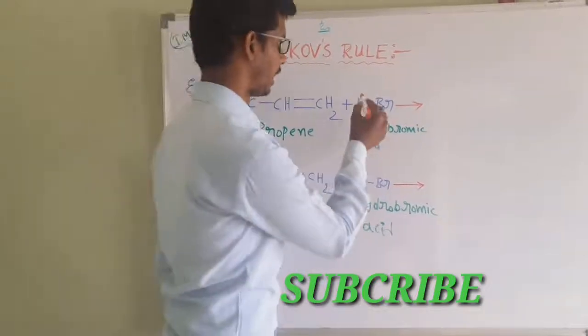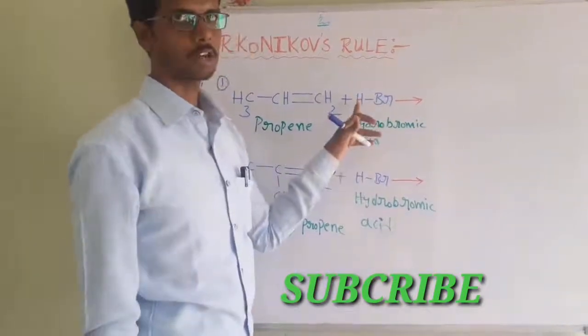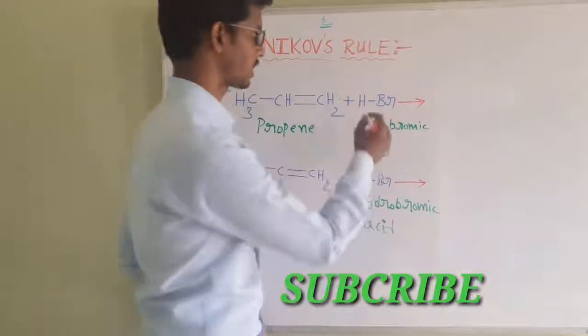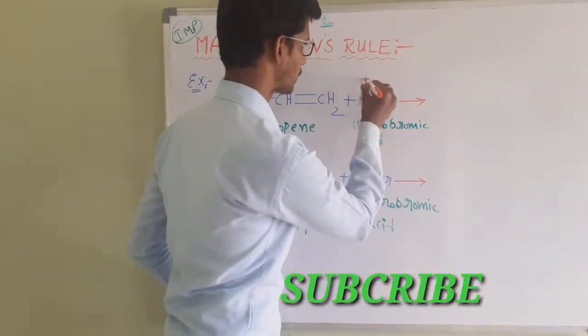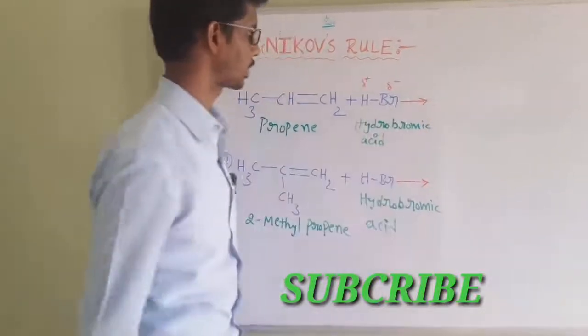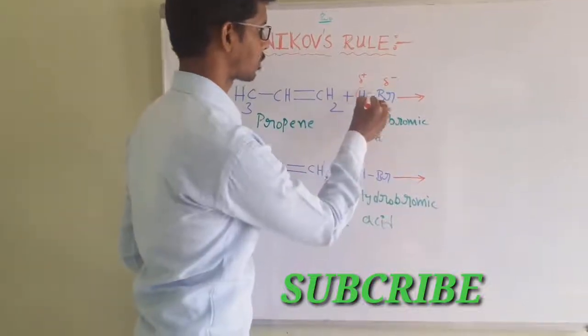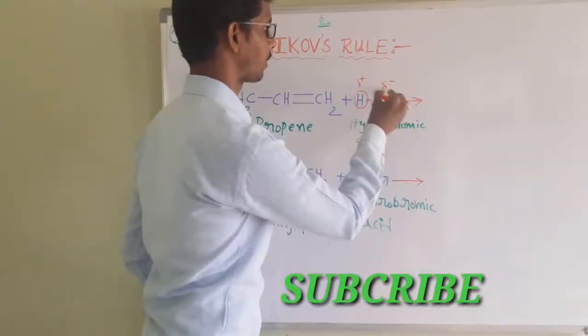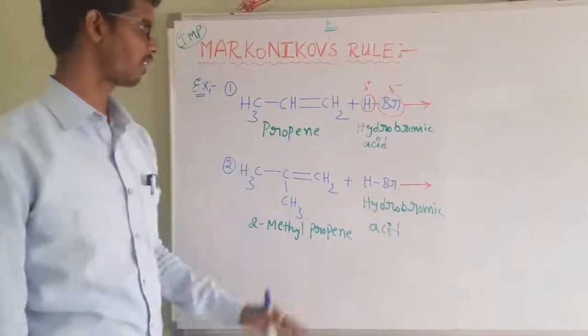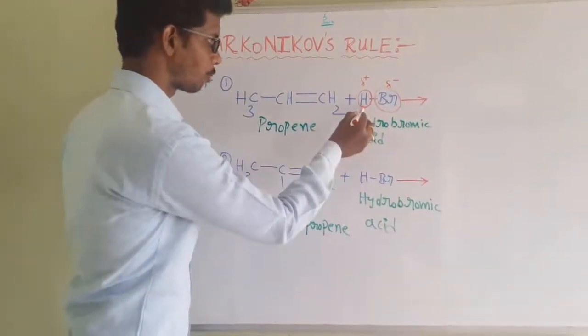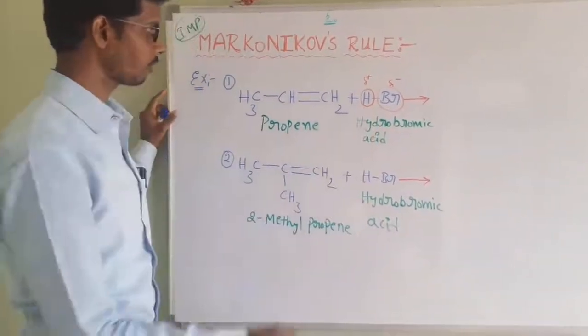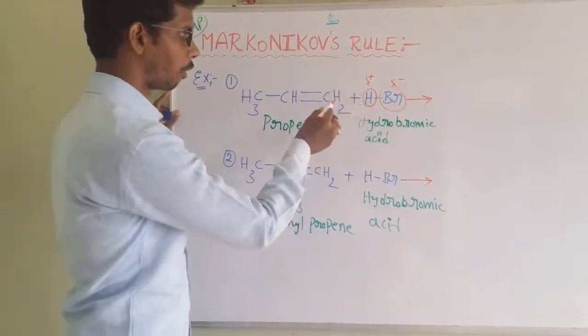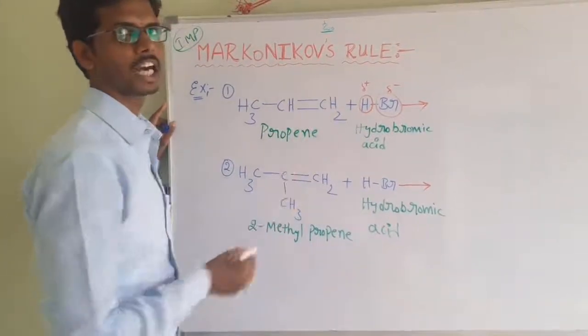Generally, hydrogen is less electronegative compared to bromine, so it becomes delta plus and delta minus. This is the positive part of the reagent, this is the negative part. According to the definition, the positive part of the reagent is added to the double bond carbon containing more hydrogens.